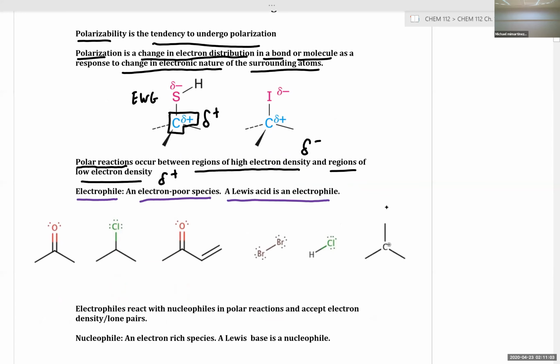So for example, ketone groups are electrophilic at the carbon position. Alkyl chlorides are electrophilic. Vinyl ketones are electrophilic at two positions, the beta position and the ketone carbon. Bromine is electrophilic.